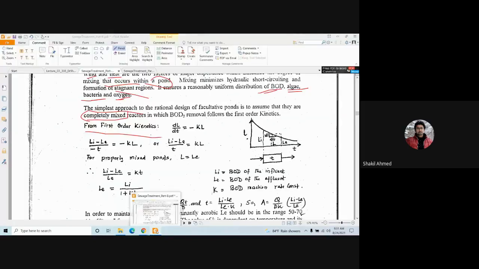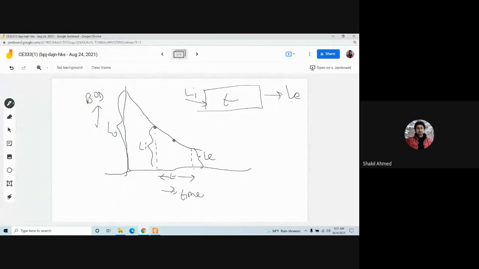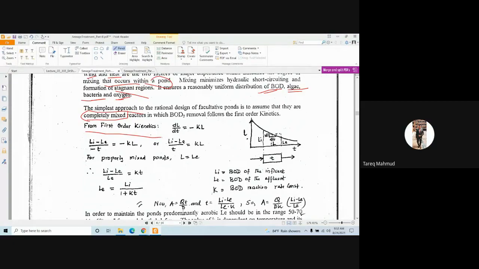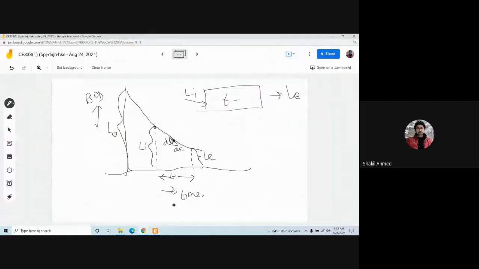Now, if you take any time, let's say any point here, the slope will be what? The slope will be dL by dt. Am I right? Yes, sir. So this dL by dt means the rate of reduction of BOD with time.